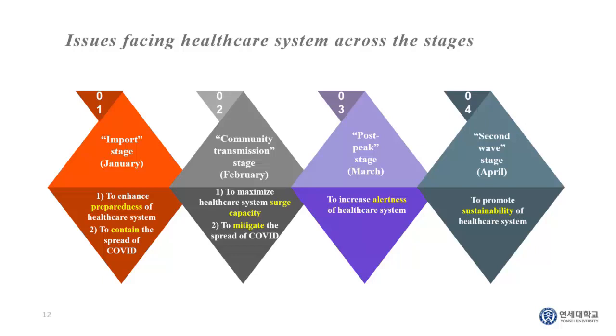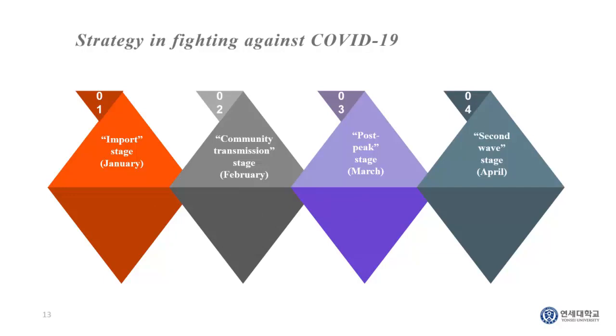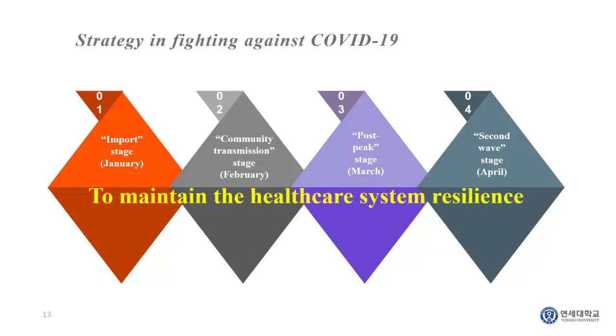Usually, they do not have a second alternative. So, how to sustain the system with the currently available and limited resources becomes a big issue. Hence, the strategy to fight against COVID is to maintain the healthcare system's resilience.